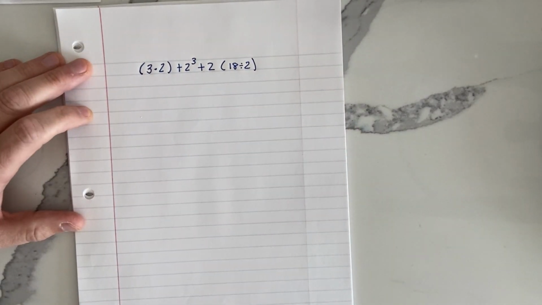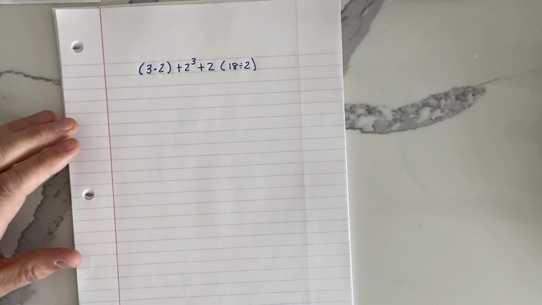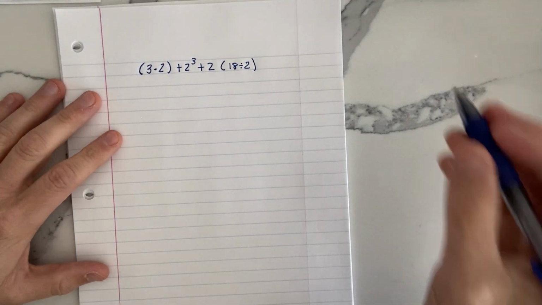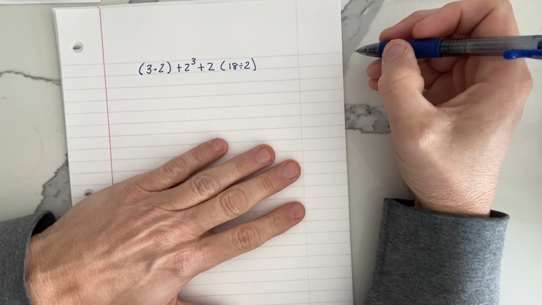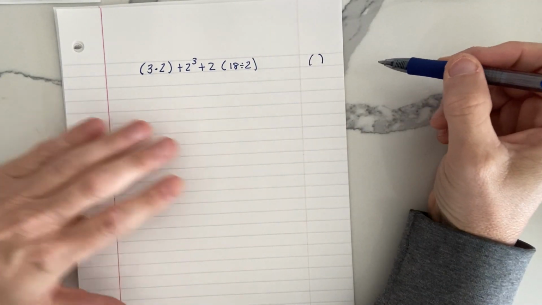All right, copy down that problem right there. Okay. And so, what's the first order of operations, class? That's right, it's parentheses. And you see two of them, right? Well, you work it from left to right.